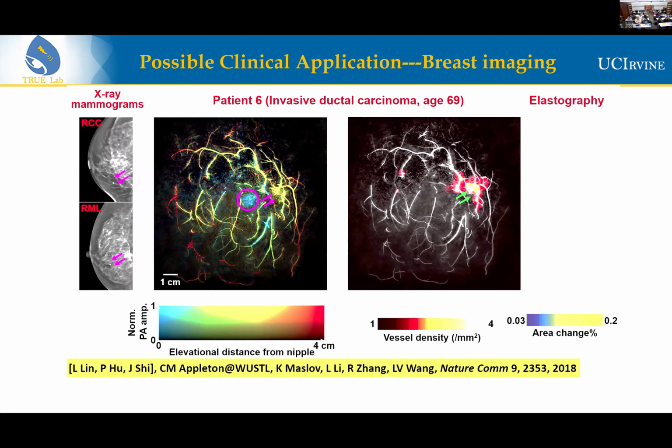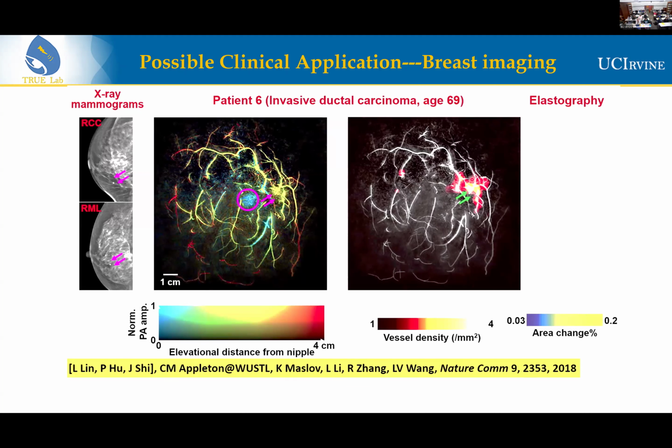Another one is a clinical application. As I mentioned, the very first application is the breast imaging. There's one device, one company that already got FDA approval, and I think early this year they already got the reimbursement code. This is very important for a new medical imaging modality.